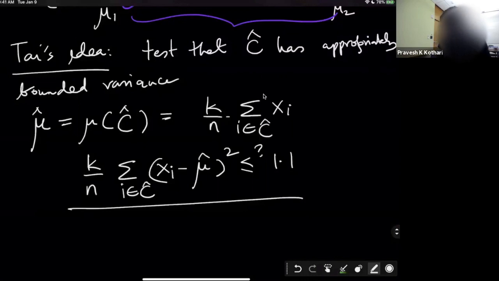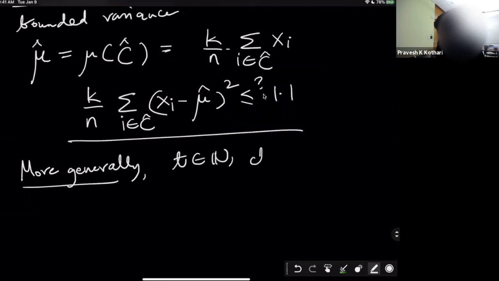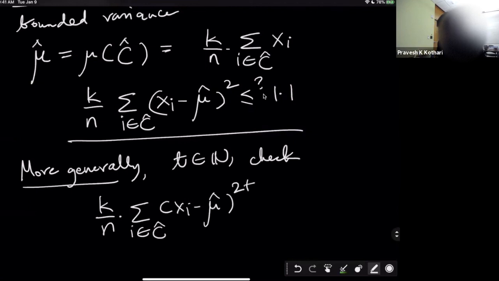Good. So actually, I can go a little beyond Tai's idea, or at least extend it in the following way. Instead of checking just the variance, I can check some higher moment of the deviation around the mean. More generally, for some parameter t, I can check the empirical deviation around mu hat, using even powers so that there is no sign cancellation.